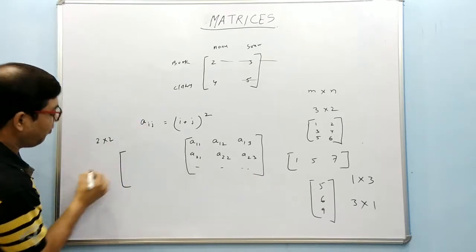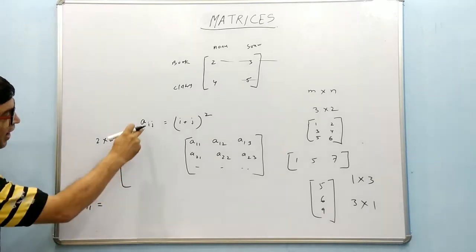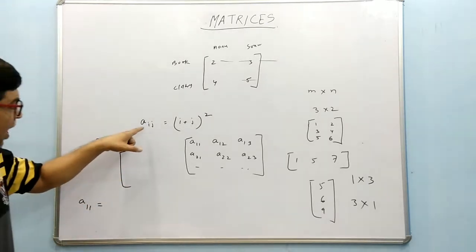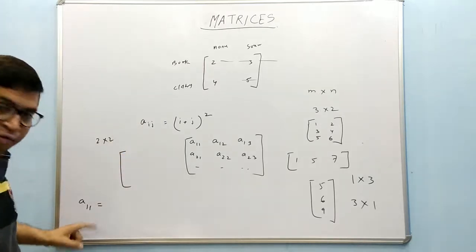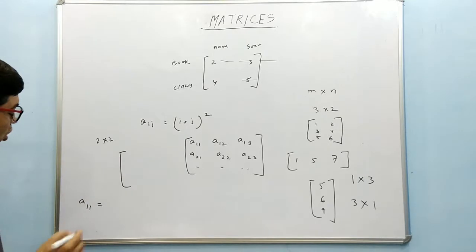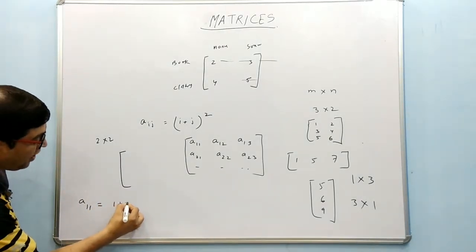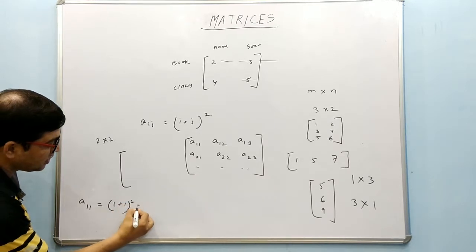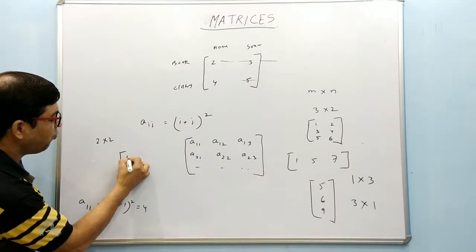A11 will be according to that formula: for i I take 1, for j I take 1. So it will be (1 plus 1) whole square, which comes out to be 4. So one element is 4.